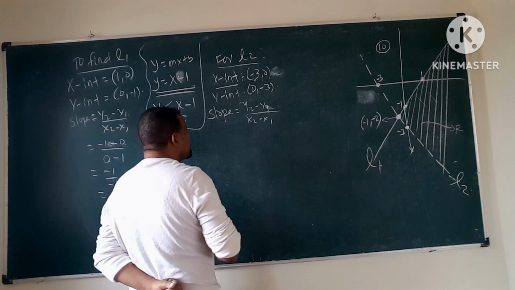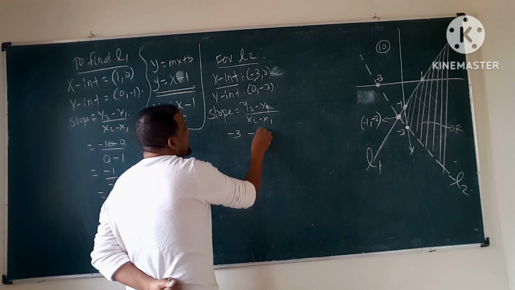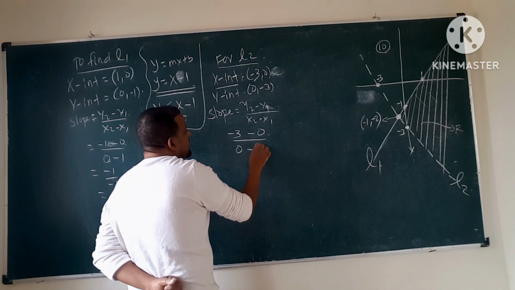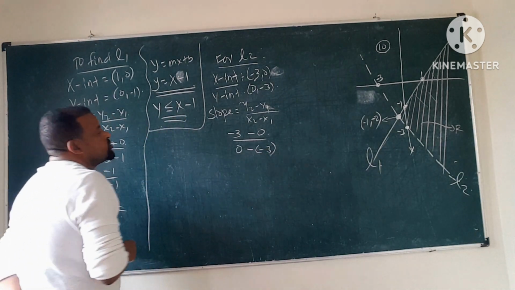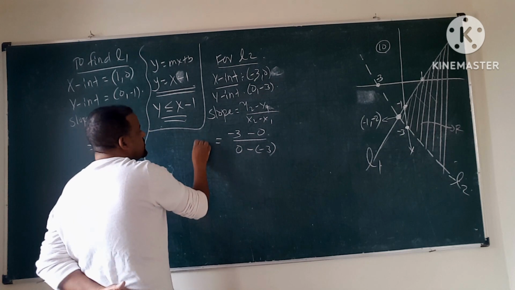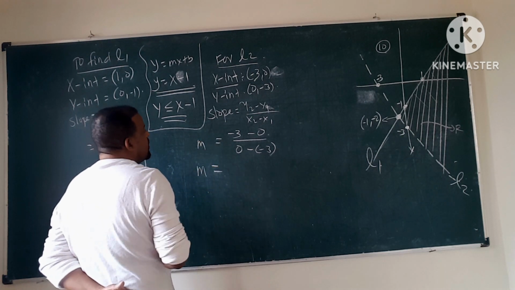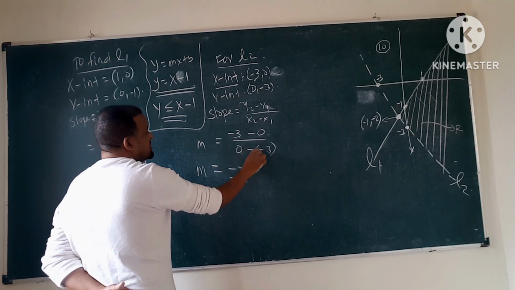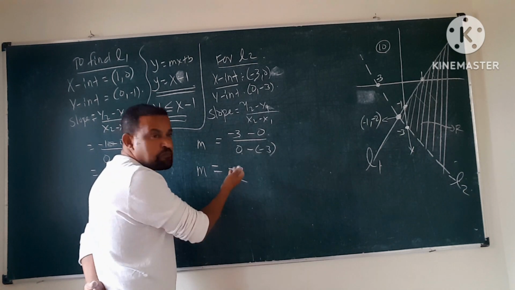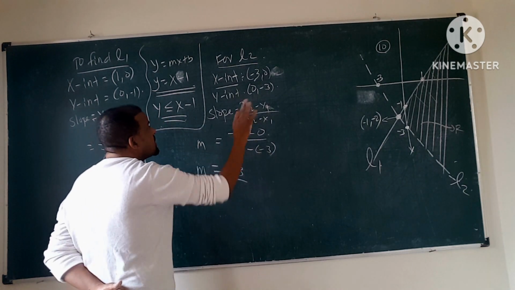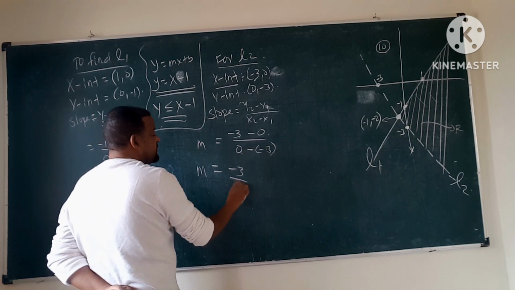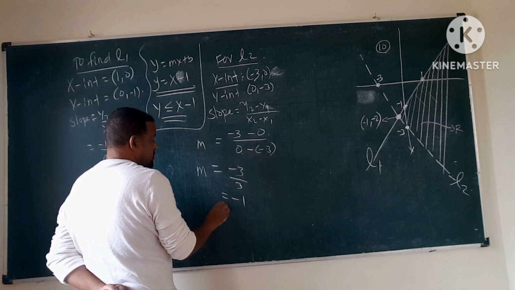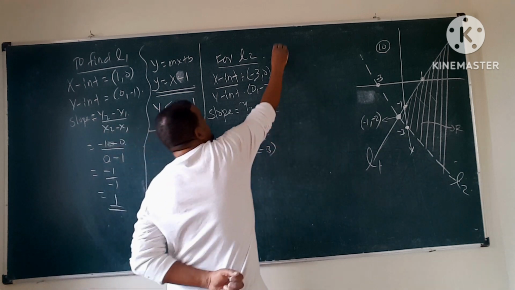So y2 is negative 3 minus 0 over 0 minus negative 3, right? So this is the slope. Slope is equal to negative 3 over 3, it's very simple, it's fifth grade addition and subtraction, which is negative 1. So the slope is negative 1.